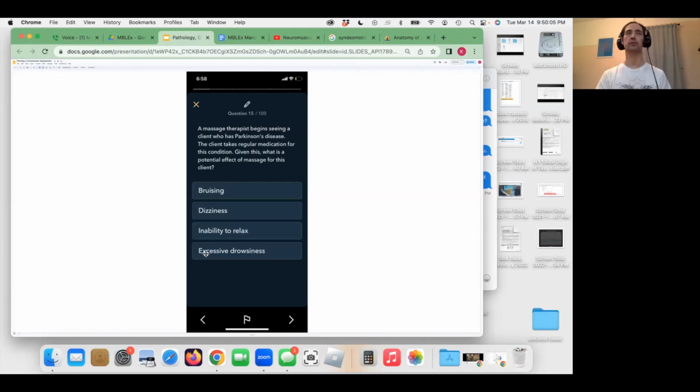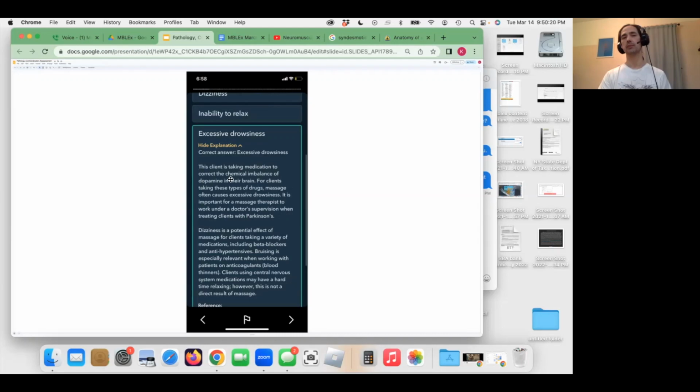So if you start supplementing endorphins with a medication, putting endorphins in the body, it can result in drowsiness, not the inability to relax. That might be a stimulant. And then dizziness, not sure what would cause that, but this is a good question, a good explanation to read through. So it is excessive drowsiness.